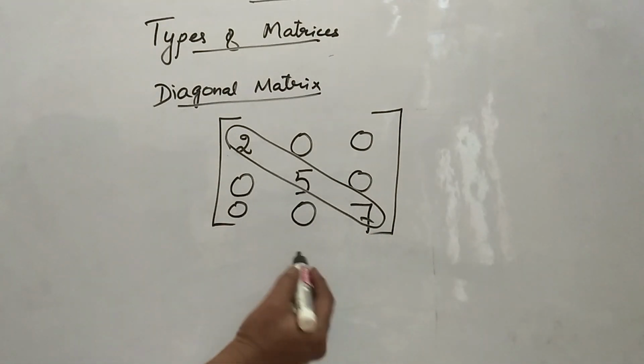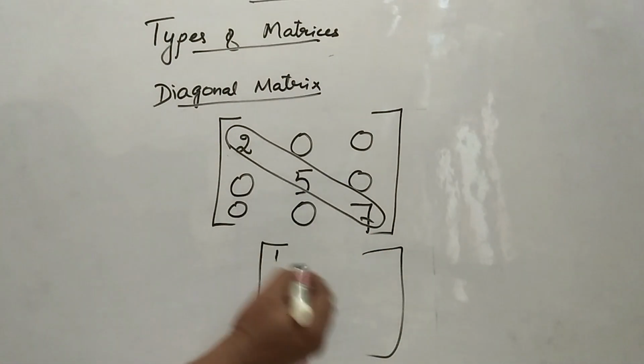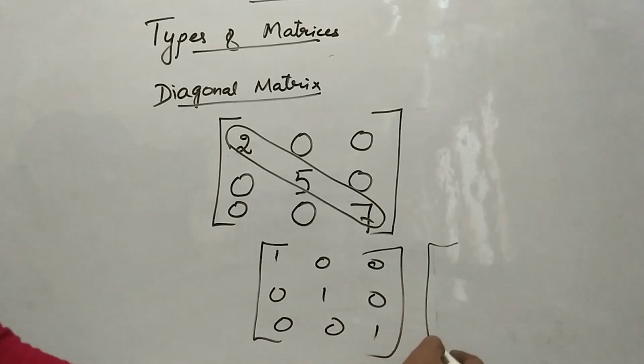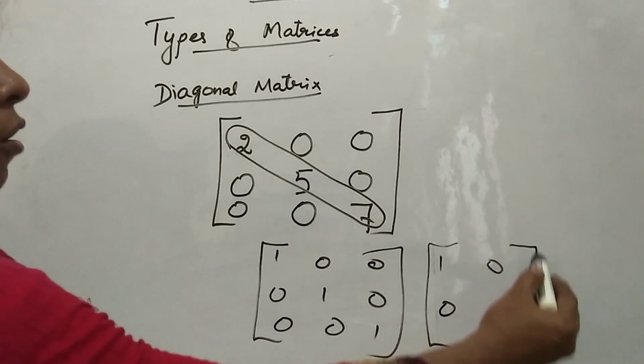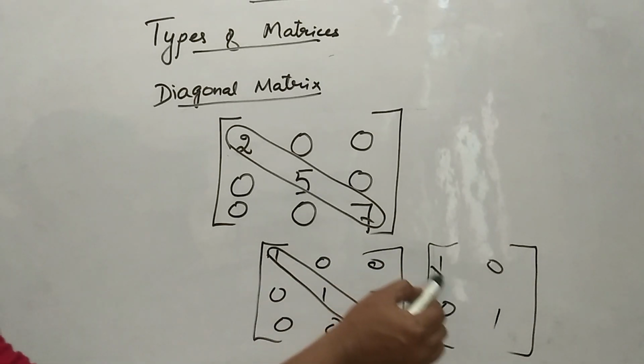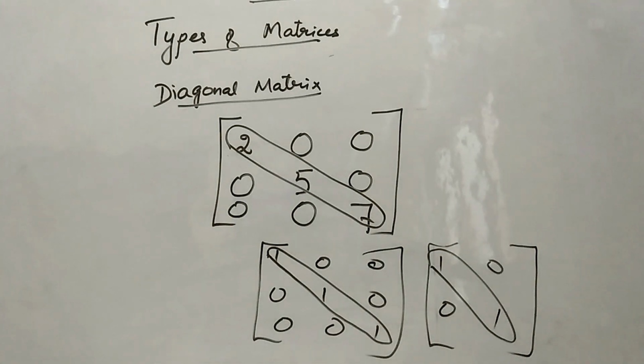If the diagonal values are 1, 0, 0, 0, 1, 0, 0, 0, 1, or 1, 0, 0, 1, that is equal to 1, that is the unit matrix.